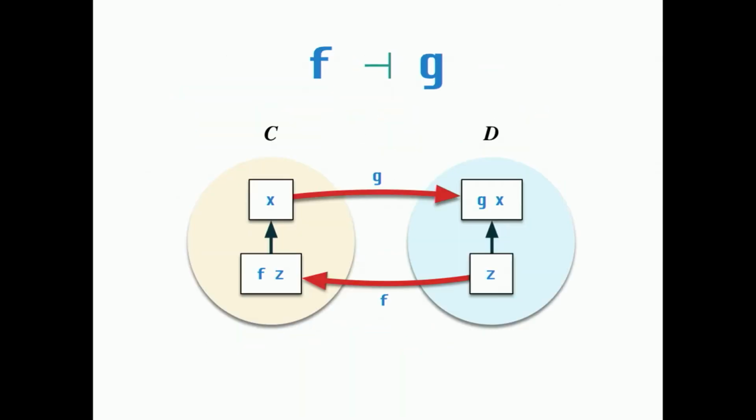Great. So in general, we say that F is left adjoint to G when we have a situation like this in two categories. Given a category C and a category D, if we have an arrow in C that goes from F of Z to X, we're going to have exactly one arrow in D that goes from Z to G of X. This is the isomorphism on the arrows.